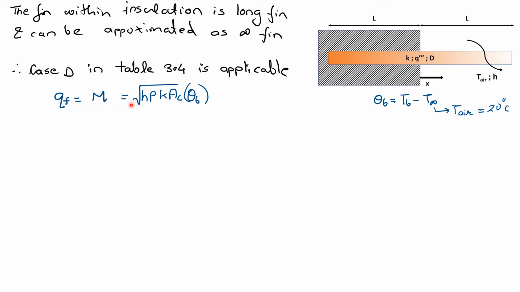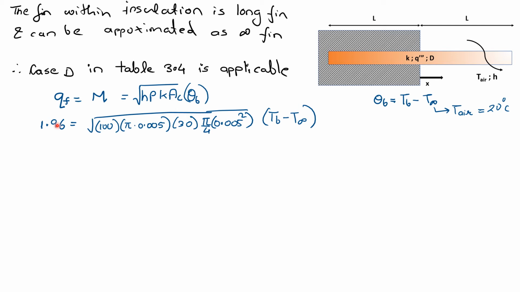The formula for uppercase M is under root of h P, that's the heat transfer coefficient times perimeter, times the thermal conductivity times cross-sectional area, times theta B. And theta B is nothing but the temperature difference between base temperature and temperature at infinity, which in our case is T air. So T air is 20 degrees Celsius, and this theta B is outside the under root. So please don't get confused.